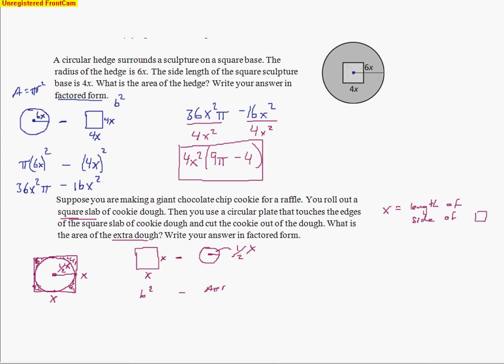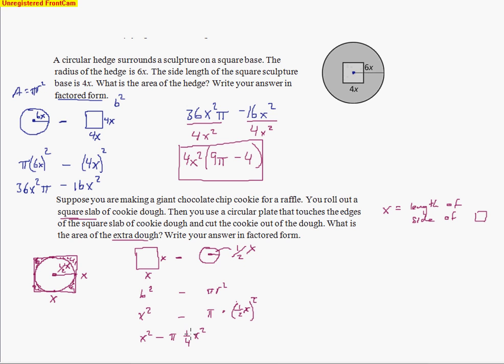So I plug in my numbers: x squared minus pi, but then I have to multiply by 1/2, and the radius is 1/2 x, so 1/2 squared. I'm still left with x squared here minus pi, and over here it becomes 1/4 x squared, because you have to square 1/2. 1/2 times 1/2 makes 1/4.